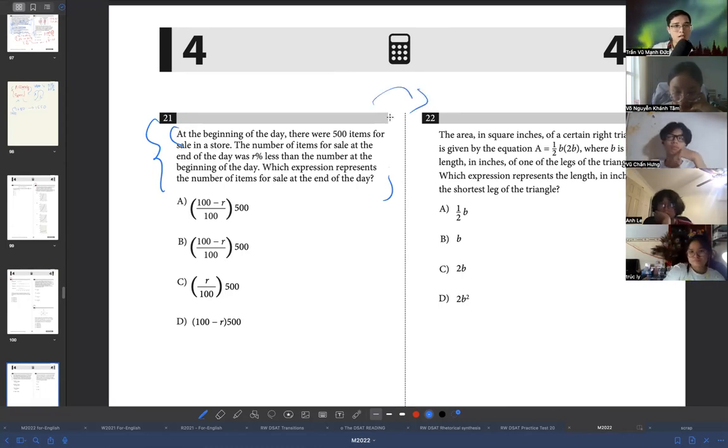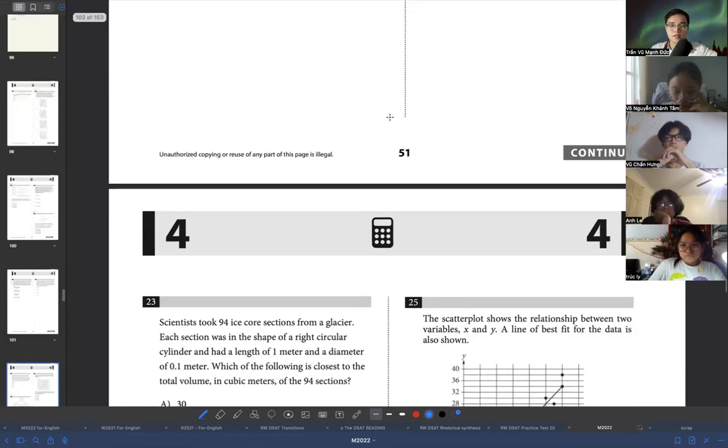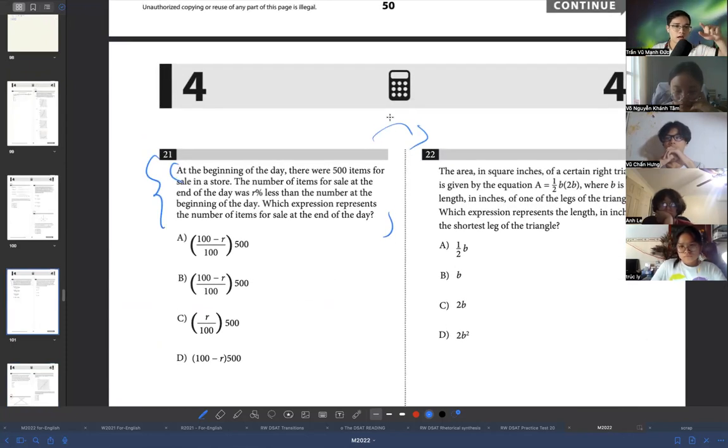Why is that, you may ask? Because once you finish doing the other questions, you've taken your mind off question 21, and once you go back, you'll find it much easier to do. And there's a scientific reason behind this.